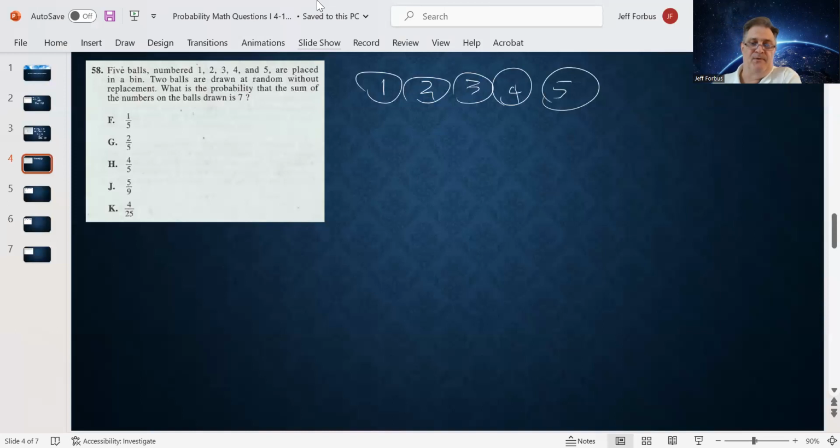So the balls 2, 3, and 4 are going to be the ones that are going to help us create that total of 7. So to draw at least a 2, 3, 4, 5, we have 4 chances out of 5 of getting a 2, 3, 4, 5. Now let's suppose we draw ball number 5. Well, we need to draw ball number 2.